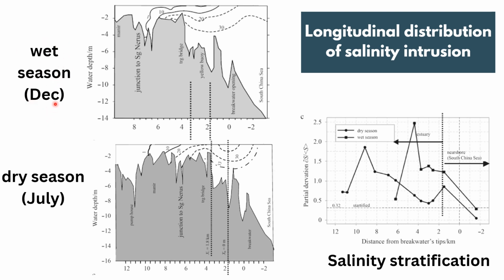And normally the peak is in December for the wet season or northeast monsoon season, and July, which is known as the dry season or southwest monsoon season.